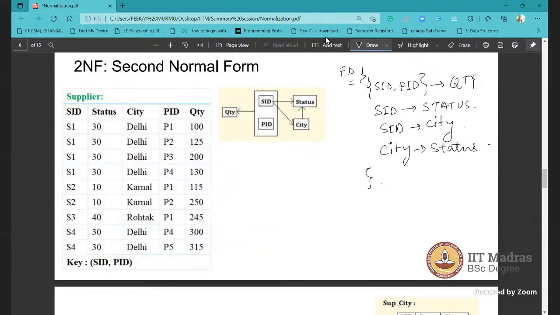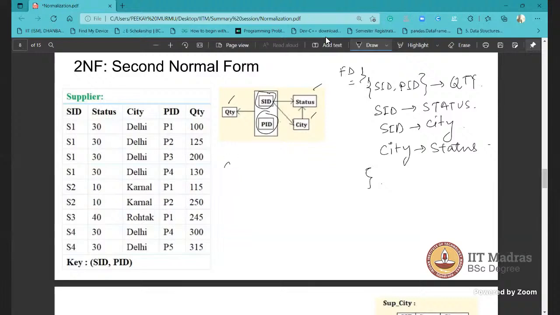You can see status is present, city is present, and quantity is present. So SID and PID are mandatory. They should be present on the left hand side because no other functional dependency derives them.